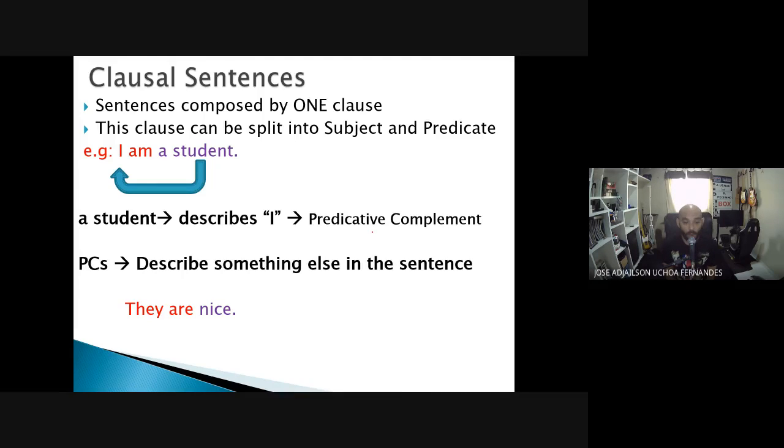Now, "they are nice". What do you think is happening here? Is this the case of predicative complement or a case of object? The sentence "they are nice" is more similar to "I am a student" or to "I bought a car"? What do you think?